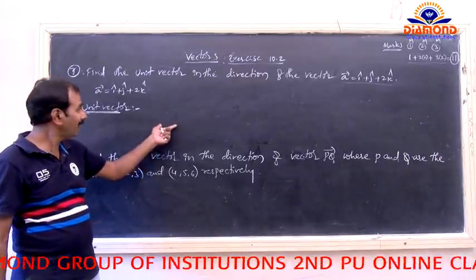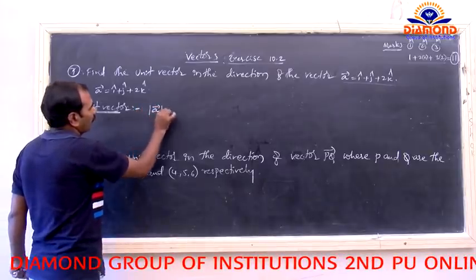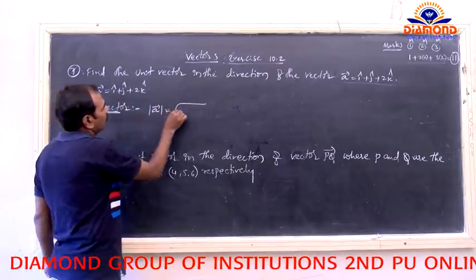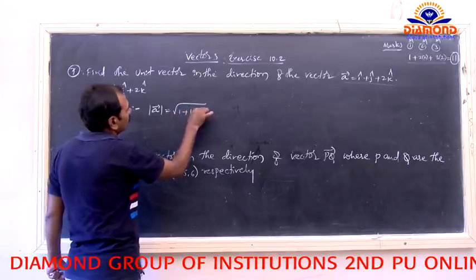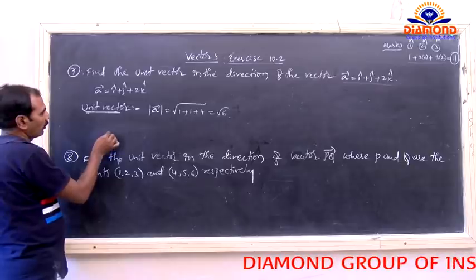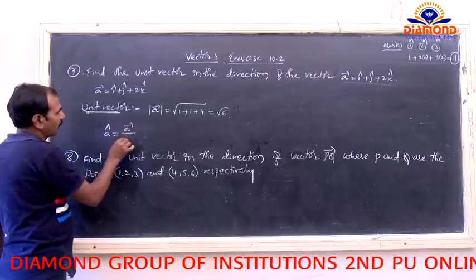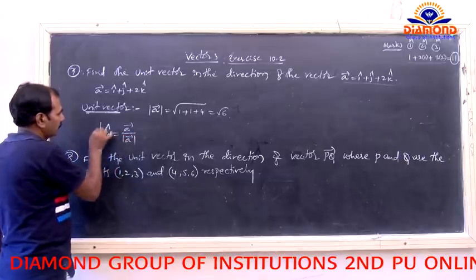So magnitude calculation. Magnitude of A is square root of 1 square plus 1 square plus 4. It means root 6.